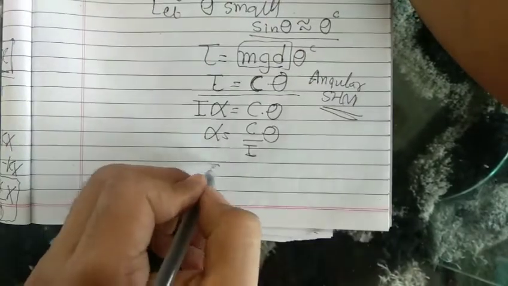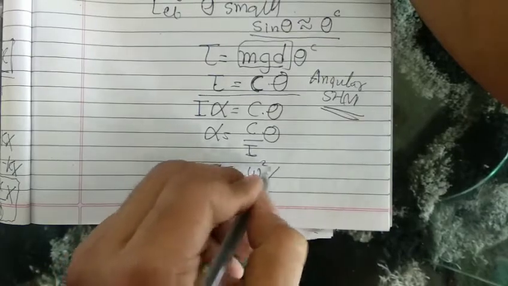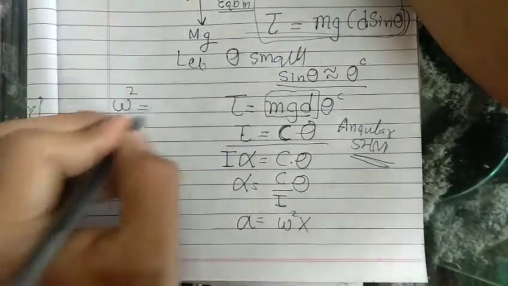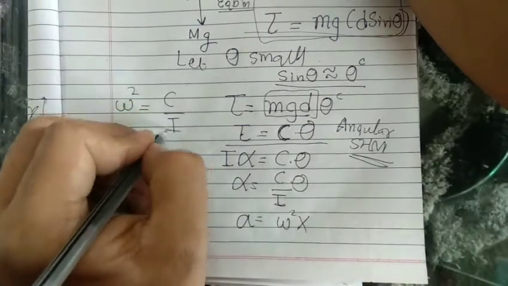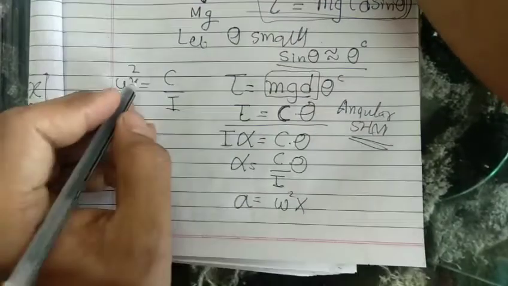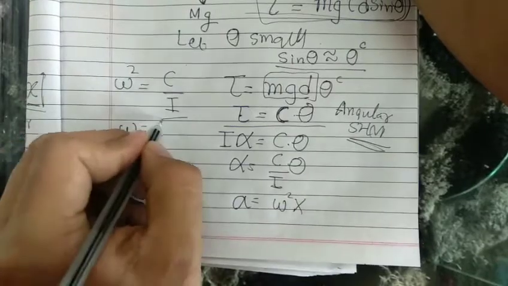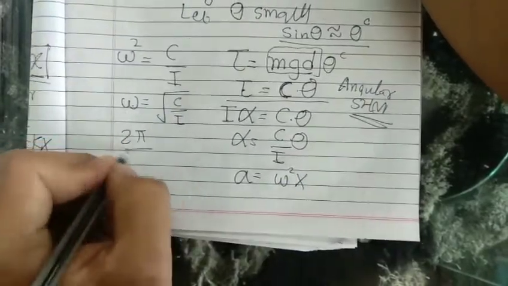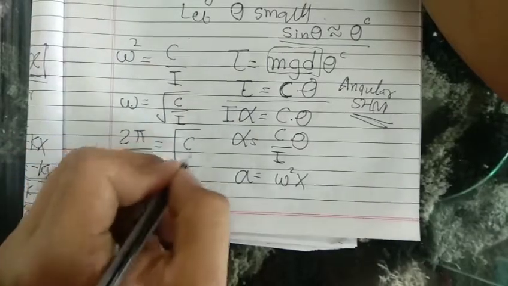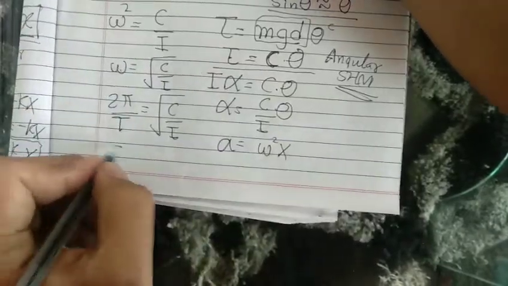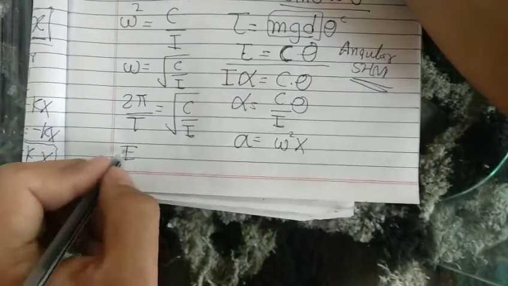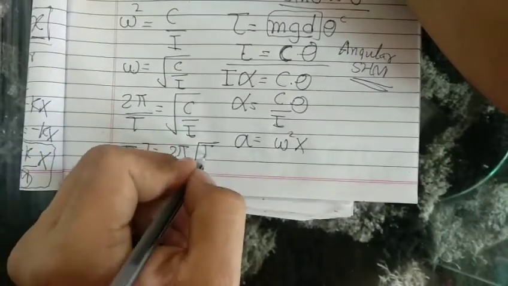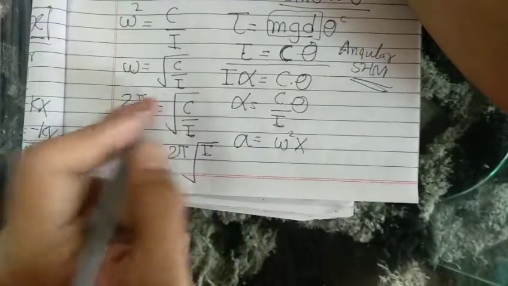If you compare this with a equal to omega square x, we can understand that in angular SHM, omega square is c by I. So omega will be root of c by I. Omega can be written as 2 pi by time period. From here you get the time period, which is 2 pi root of I by c.